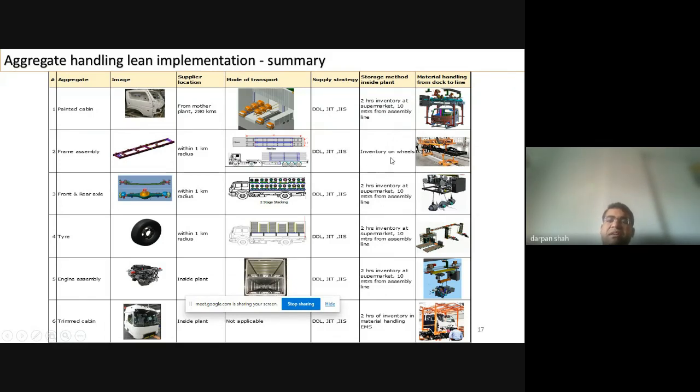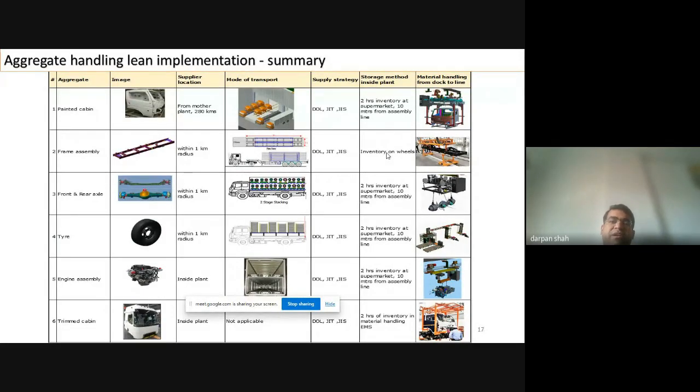As you can see, we have also implemented the inventory on wheels concept. The inventory is on the truck itself, and as required, it is used on the assembly line, and if not required, the truck can go back immediately. So it is very lean in terms of operation.